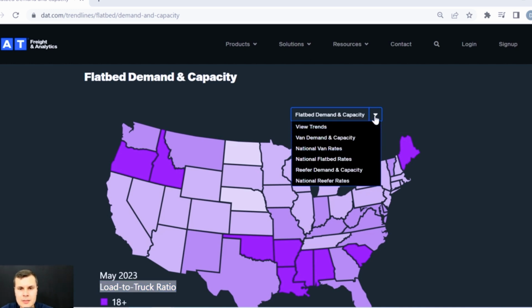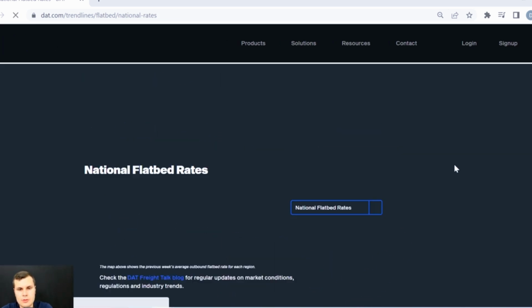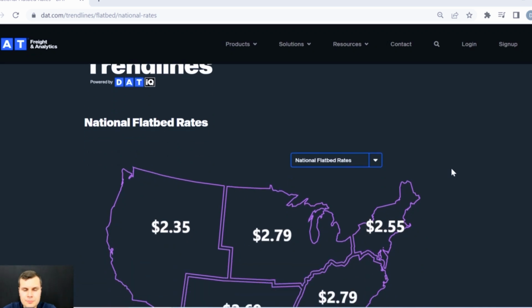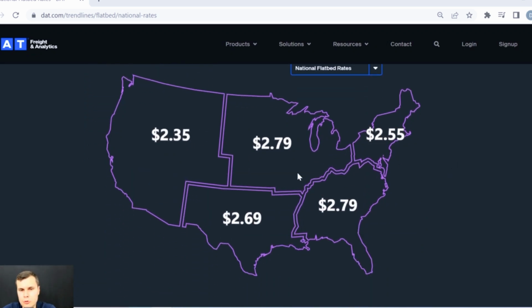And then for flatbeds, another thing we can look at is national flatbed rates. So this is going to be another map, but it's just going to show the average rate per mile for each of the 5 zones of the US.